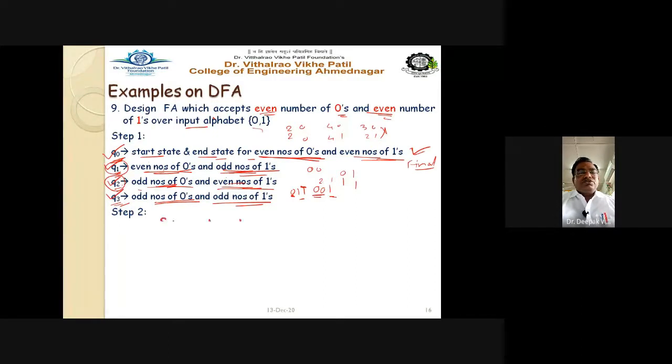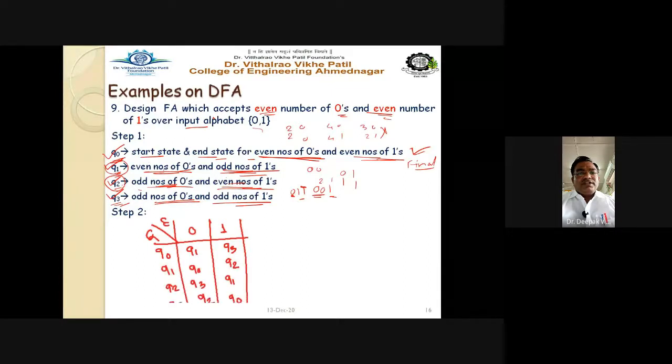So just start drawing this. First draw the transition table. Depending upon the states, we have drawn the transition table here. Q0 on 0 goes to Q1, Q0 on 1 goes to Q3.